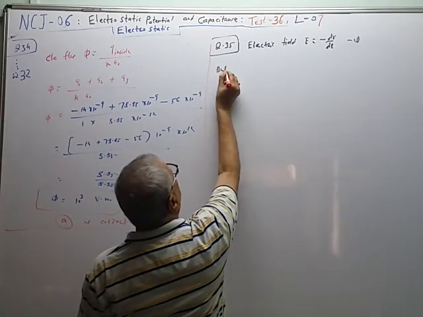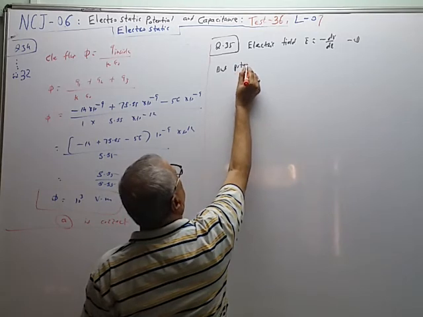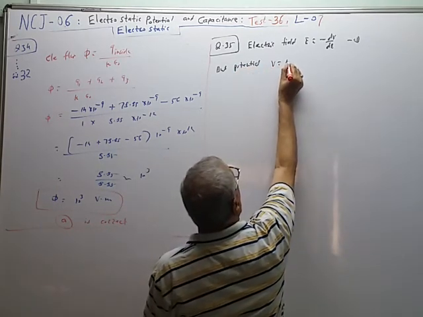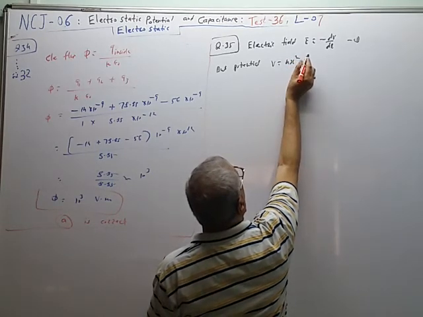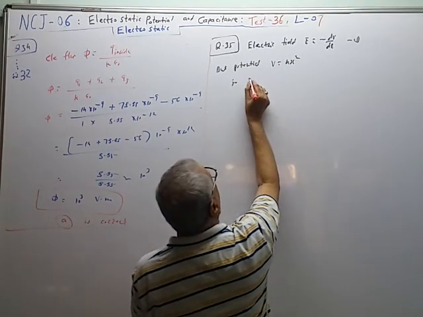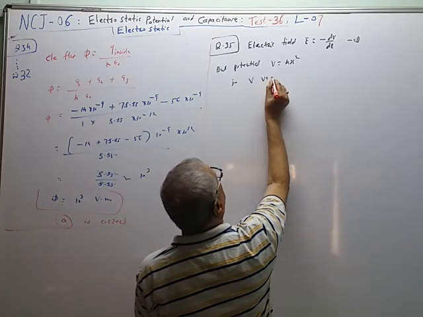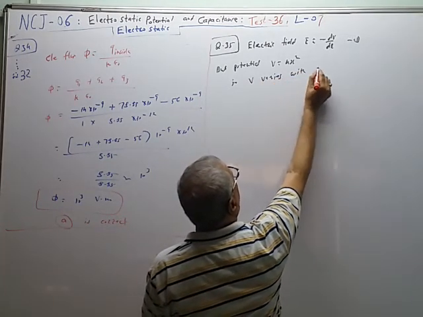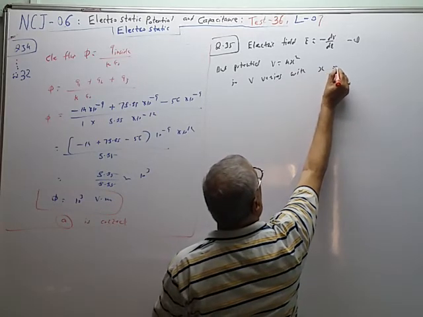But potential V is equal to 4x square, that is V varies with x only.